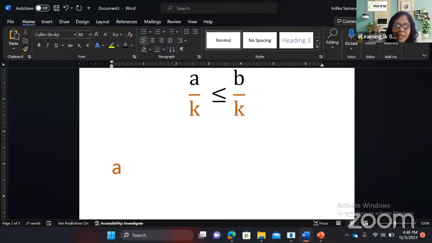If k is minus, sorry, if you multiply this by a minus value, then less than will become greater than, right?